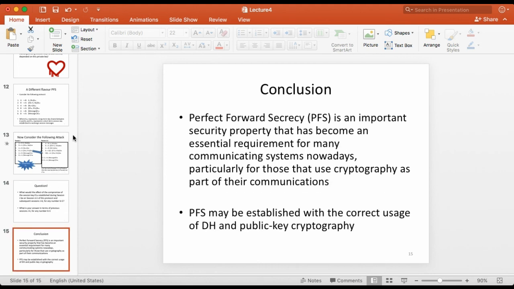because none of those were actually carried out using this compromised key. So in conclusion, PFS is an important security property that has become an essential requirement for many communicating systems nowadays, and it became particularly important when the Heartbleed bug was discovered back in 2014.